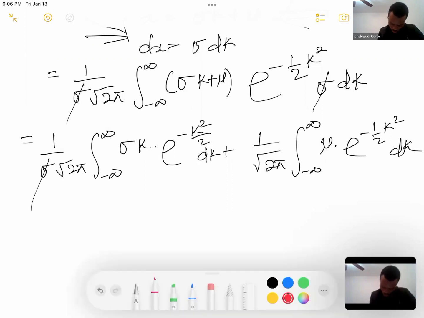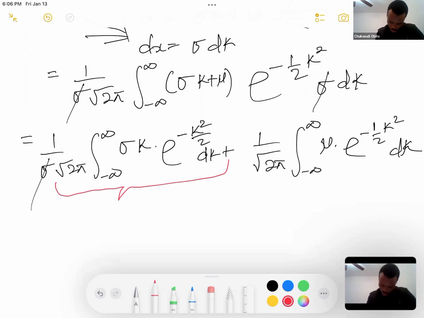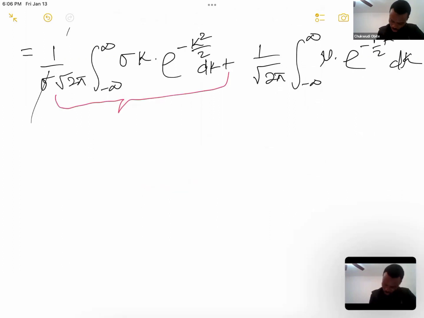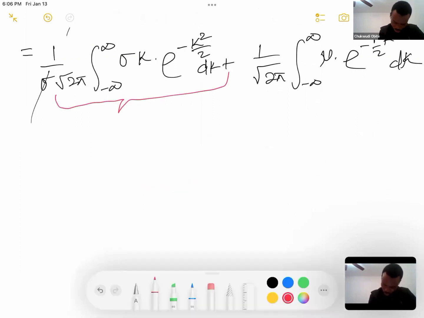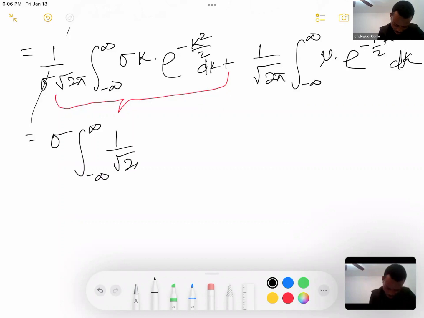Take a look at this. It looks like the mean of the standard normal distribution. Let me show you about that. Let me simplify it further so you know that it looks like the mean of the standard normal. If I take sigma outside, I will have sigma integral minus infinity to infinity 1 all over square root of 2 pi e raised to power minus k squared all over 2, times k, dk.